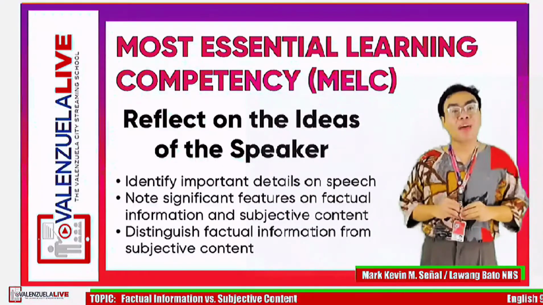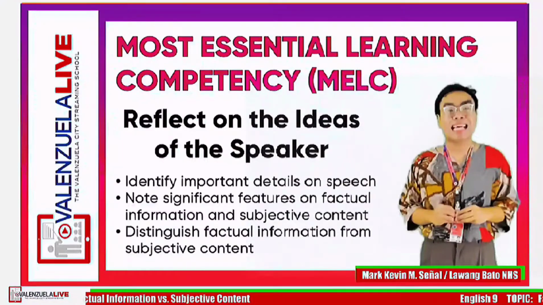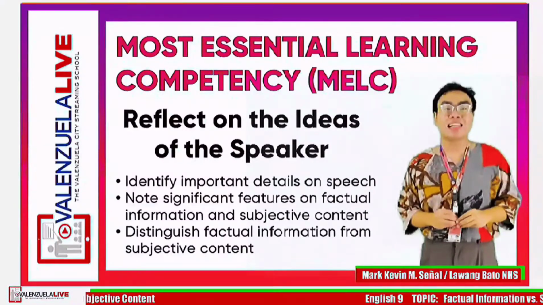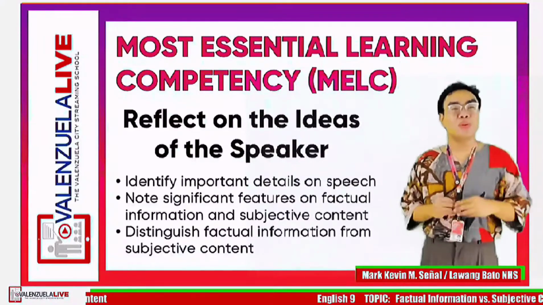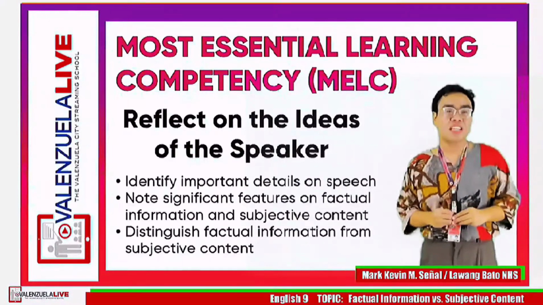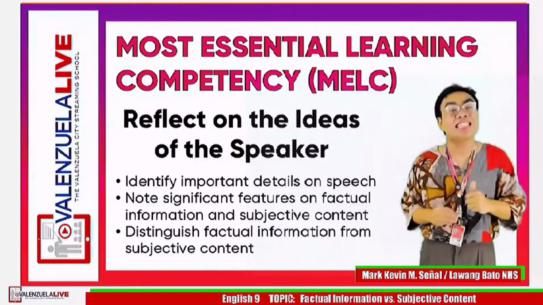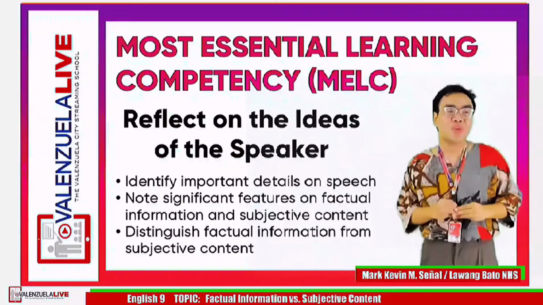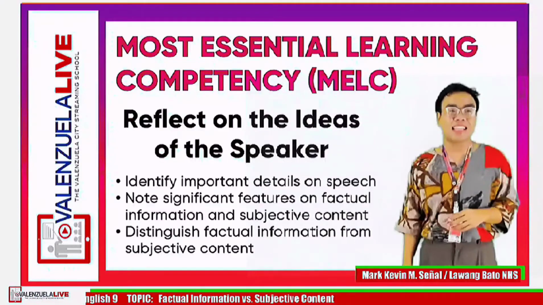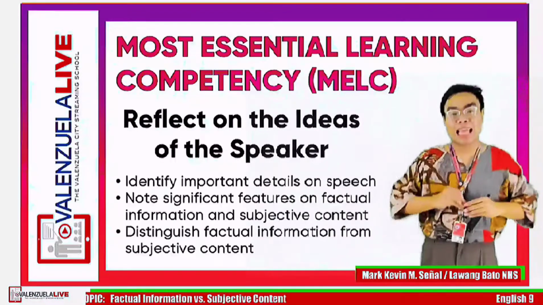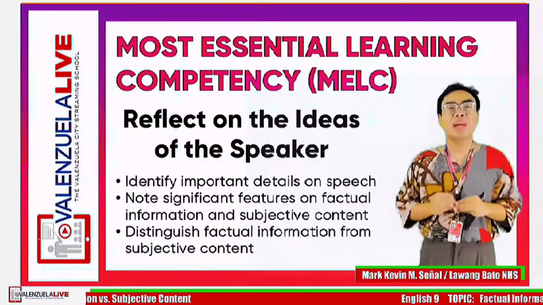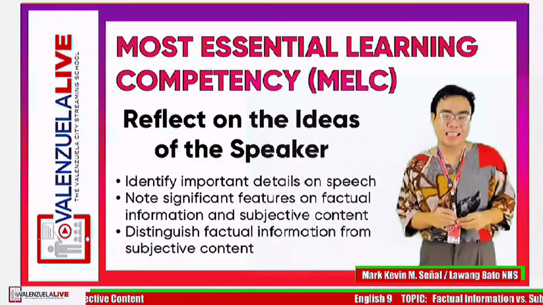By the end of our discussion, everybody is expected to: 1. Identify important details on speech. 2. Note significant features on factual information and subjective content. And lastly, distinguish factual information from subjective content. With your attentive listening and active participation, we will surely attain the goals that we set.